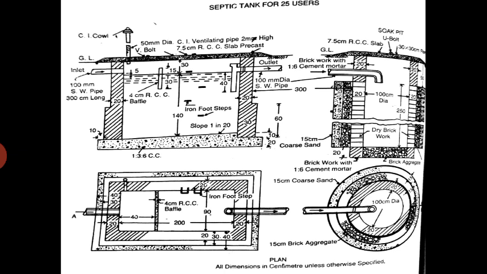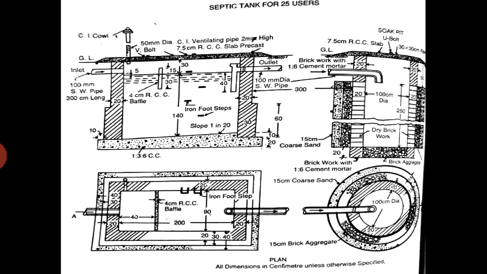The upper and lower portions of the soak pit are made up of second class brick, and the septic tank is made up of first class brick. That also you have to remember.